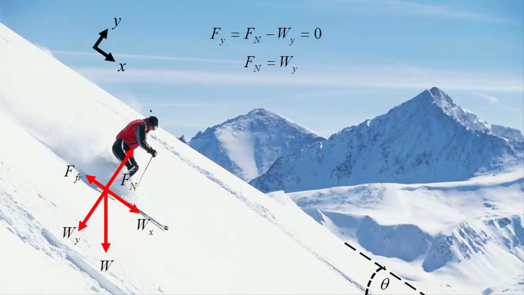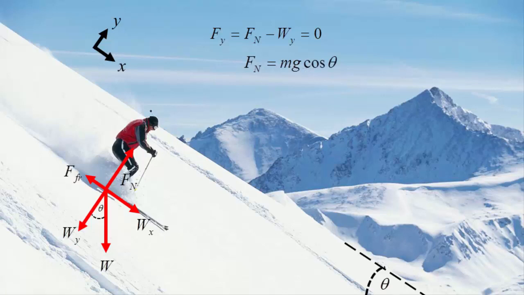So the normal force is equal to the component of the weight in the y direction. Since the weight is equal to the mass times acceleration due to gravity, the weight in the y direction is equal to mass times the component of gravity in the y direction. And of course, the y component of gravity is equal to g cosine theta.